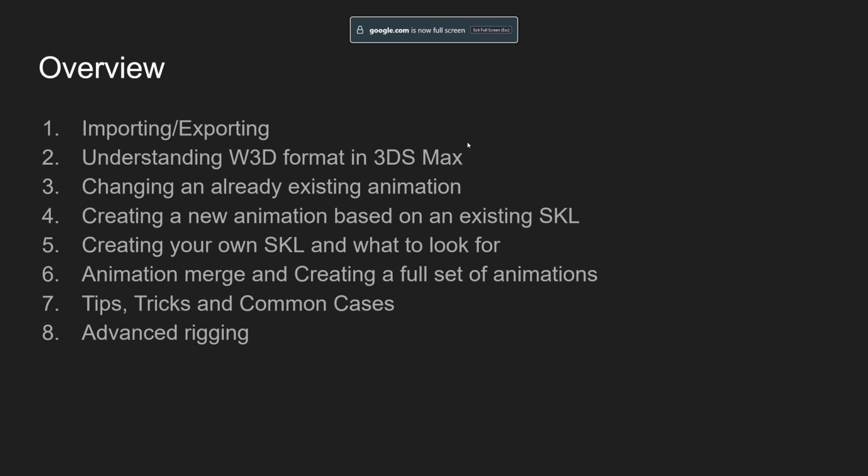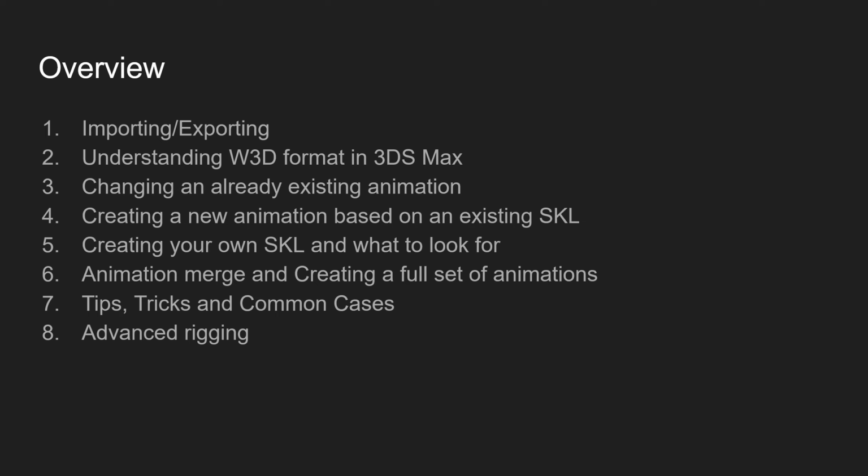Okay, yeah, so a slight overview. The importing and exporting part, I'll go through this quickly for the new users. Then the W3D format, which, if you have 3ds Max, you can use to your advantage. Otherwise, you can use whatever you have in Blender for similar tools.